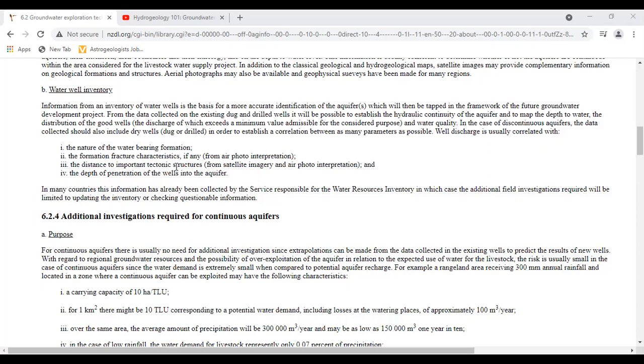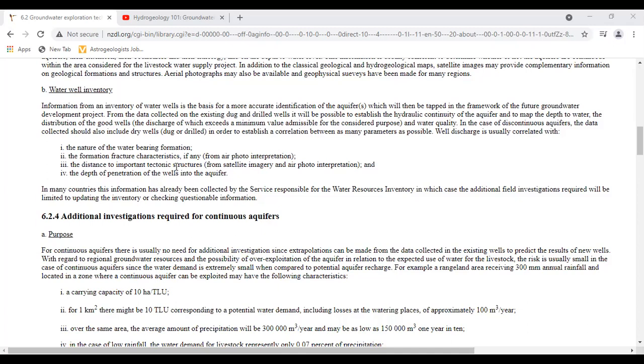Information from an inventory of water wells is the basis for a more accurate identification of the aquifers, which will then be tapped in the framework of the future groundwater development project.